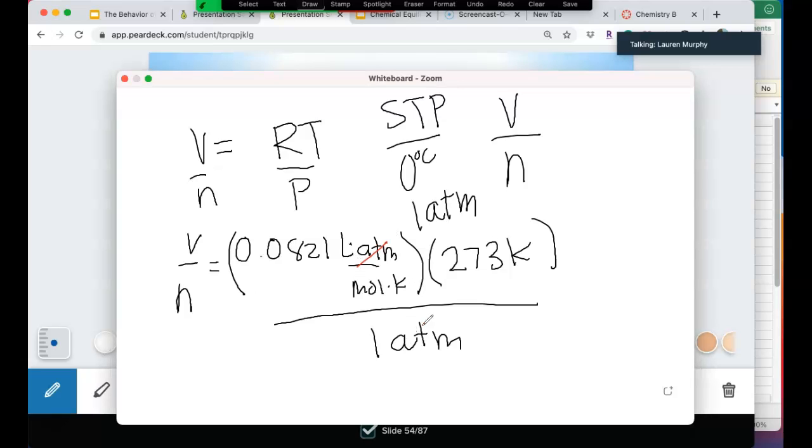So atmospheres cancel, Kelvin cancel, and we're left with liter, volume, over mole. Calculate this out and tell me what you get for molar volume. Volume over mole is... I'll wait till you calculate it.